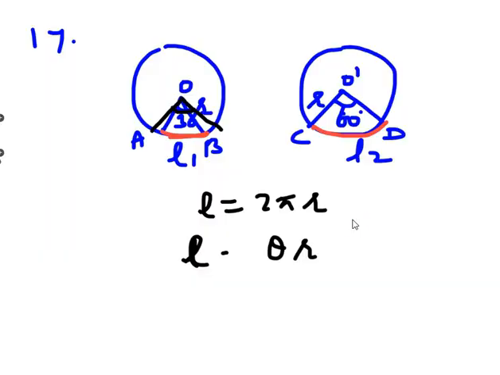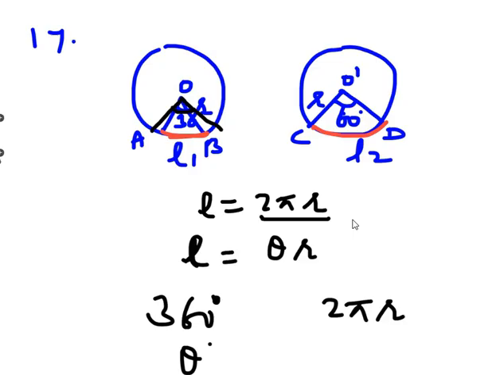If it is 360 degrees, the length is 2 pi r. If it is theta degrees, it is going to be theta by 360 into 2 pi r. 360 and 360 cancel. We have theta into r.